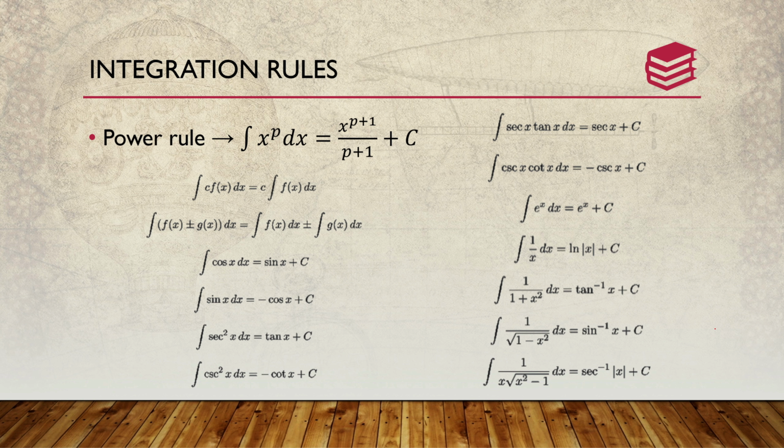So here are some integration rules that you will have to know once you go into calculus. And the most common one is using the power rule, which is similar to the power rule of differentiation, but you will have to add instead of subtract 1, and then you will have to do it all over by the exponent plus 1. So let's take a look at a few examples for that.